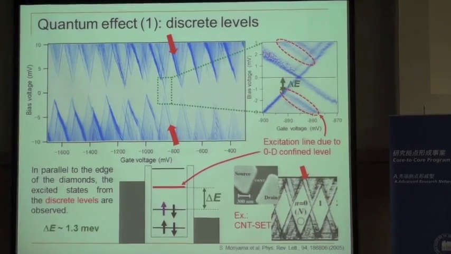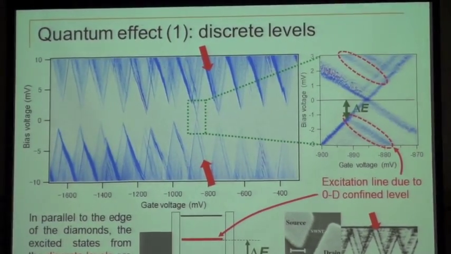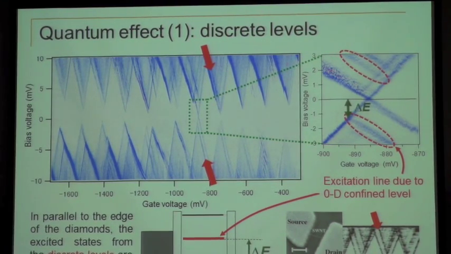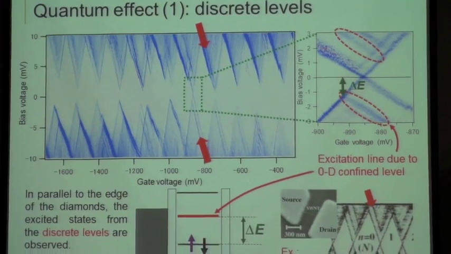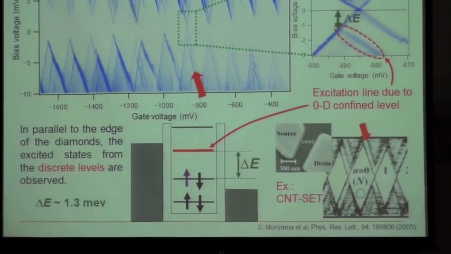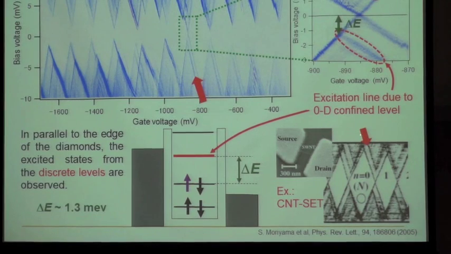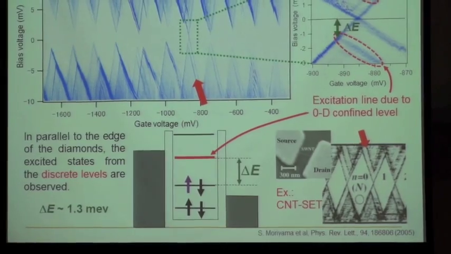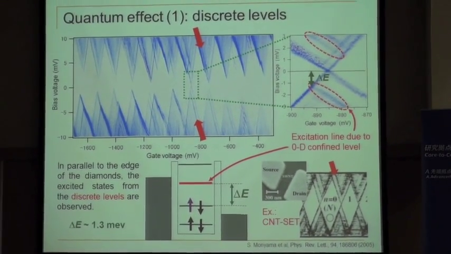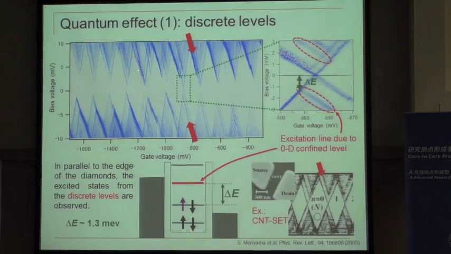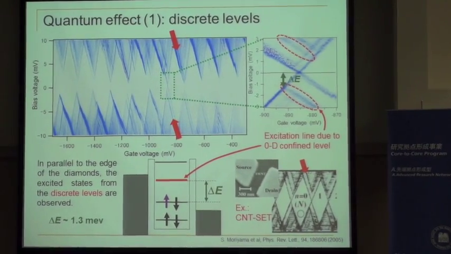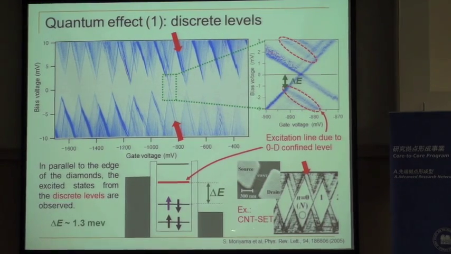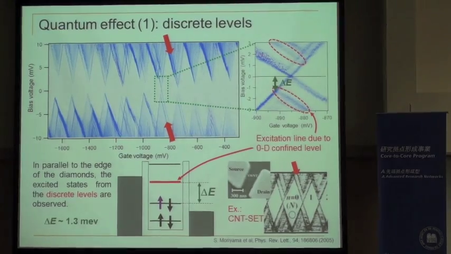This line is an excited state from the discrete levels owing to the quantum confinement effect. And such an excitation line can also be observed in carbon nanotube SET. So the gold nanowire is a high quality quantum dot comparable to the carbon nanotube quantum dot.